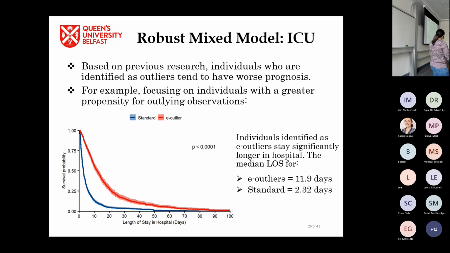From what I know of the medical literature, patients with higher variability, with observations that outlie a good bit, so E outliers, tend to have worse prognosis. So it could be that individuals with E outliers here have longer stays in the ICU because they have worse survival rates, so they need a longer time on mechanical ventilation than the average patient, who stays for about 2 to 3 days.